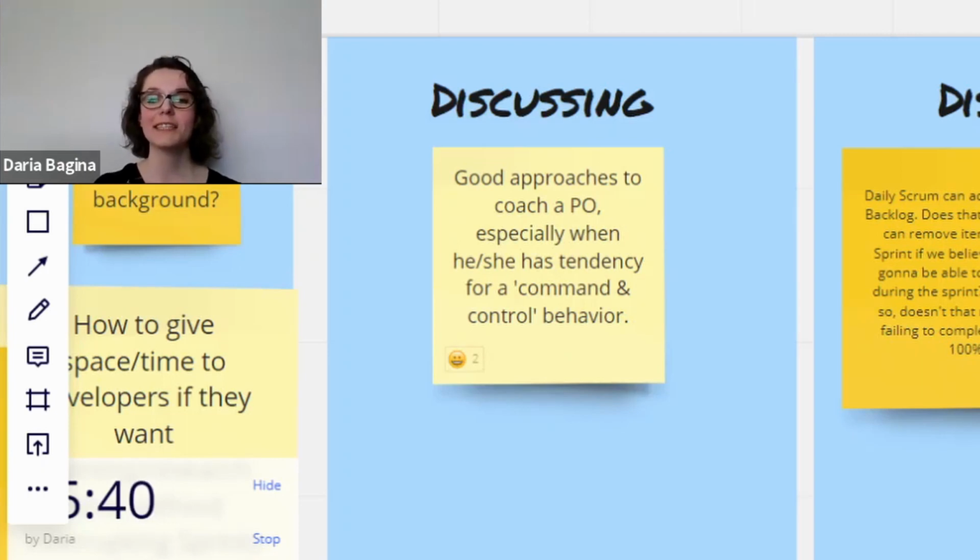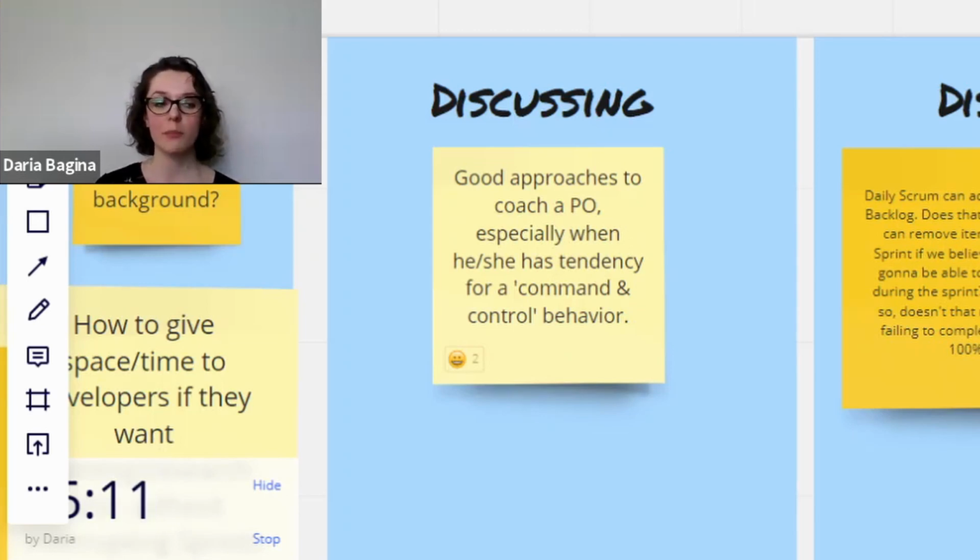I agree. I think that's always the first step, a discussion with them. I'm also thinking about why command and control behavior happens. I feel a lot of the time people are trying to control the uncertainties they're faced with, and that's why they turn to command and control behavior.